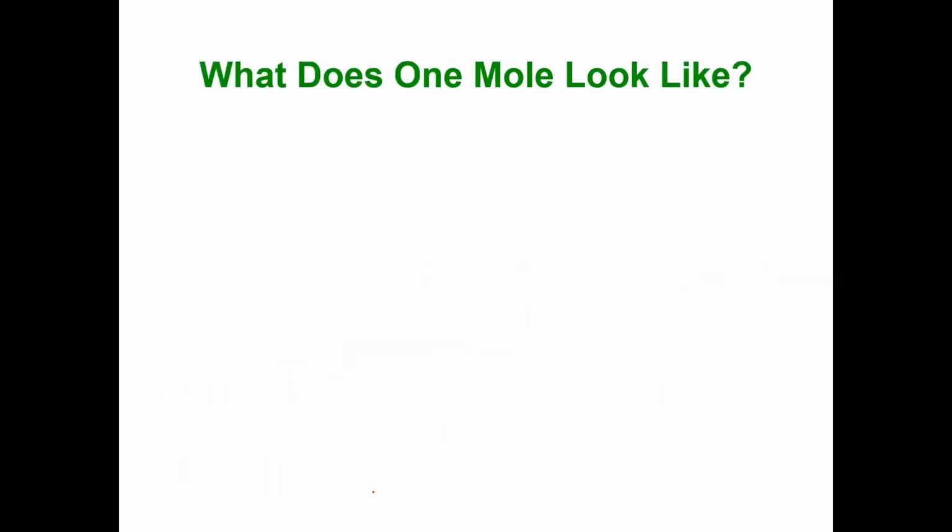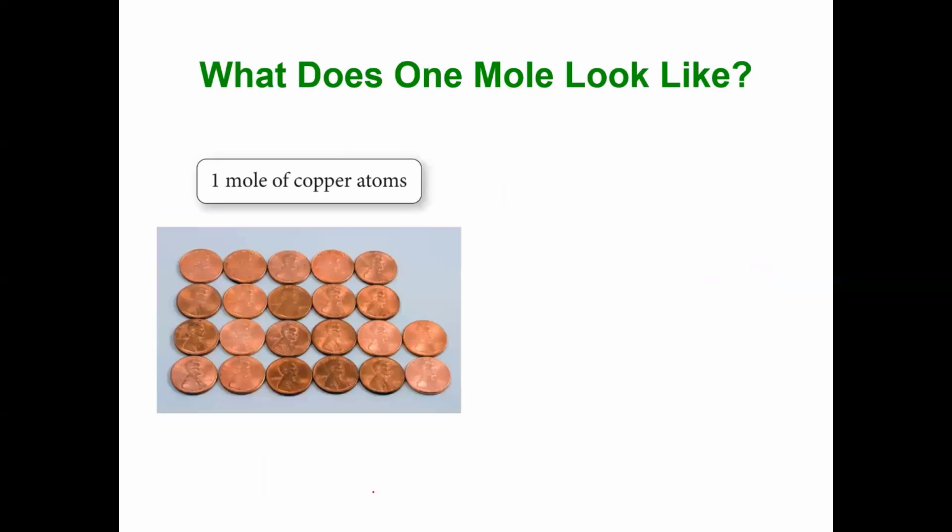So what does 1 mole look like? Well, 1 mole of copper atoms. We go to the periodic table and look under copper, and we see there are 2 numbers. There's 29, and the average atomic mass is 63.55.